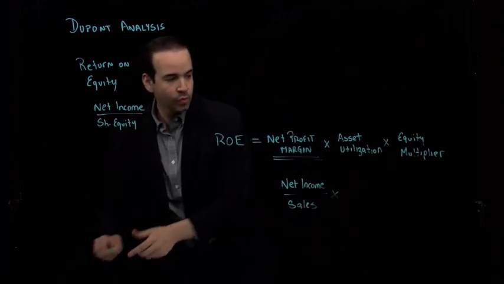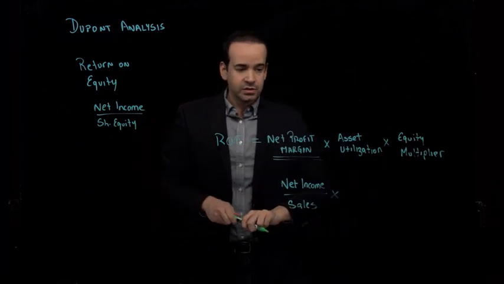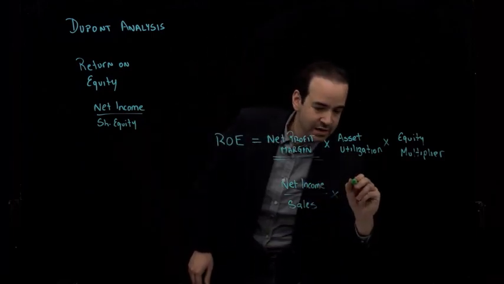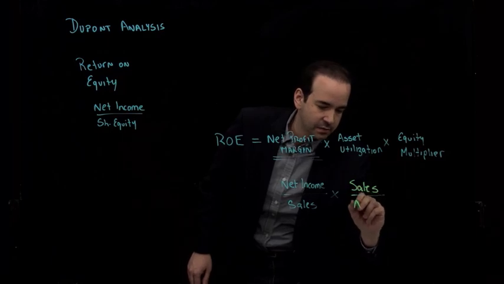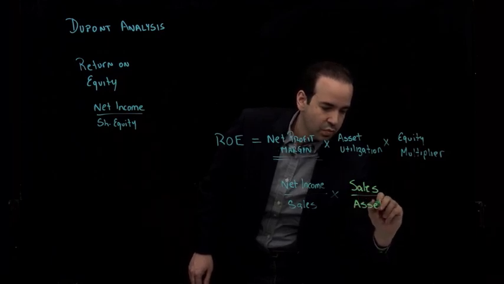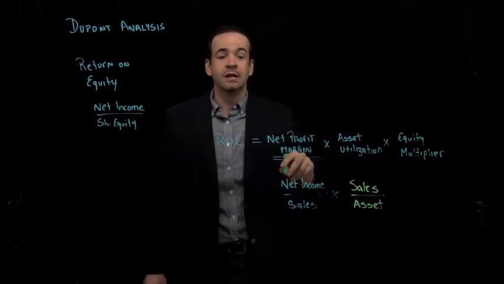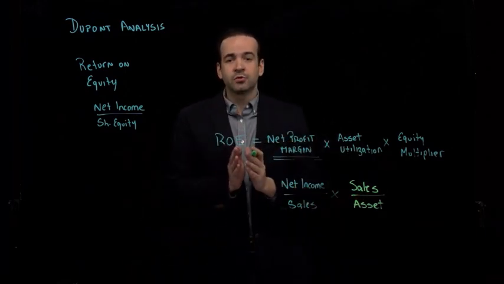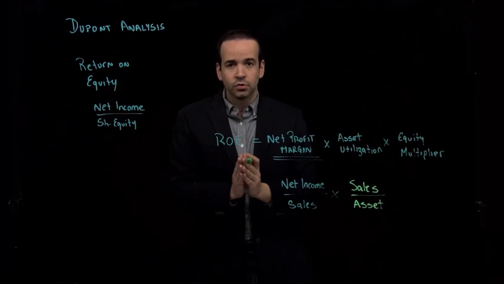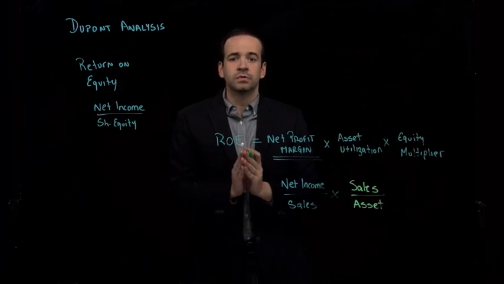Then we know that asset utilization is simply the sales of a firm divided by the assets of the firm. Now, what is one term capturing? What is the other term capturing? This first term is just capturing how profitable the sales of the firm are.